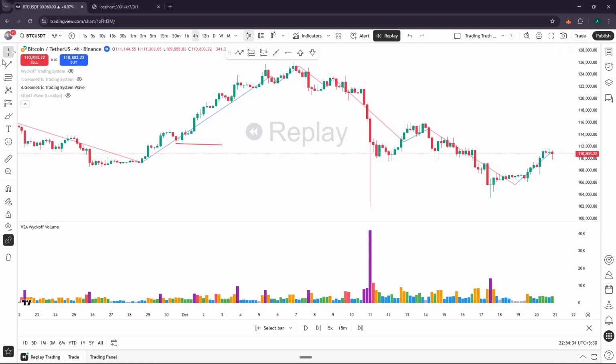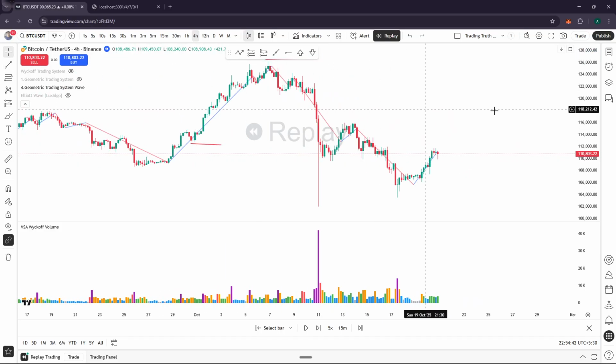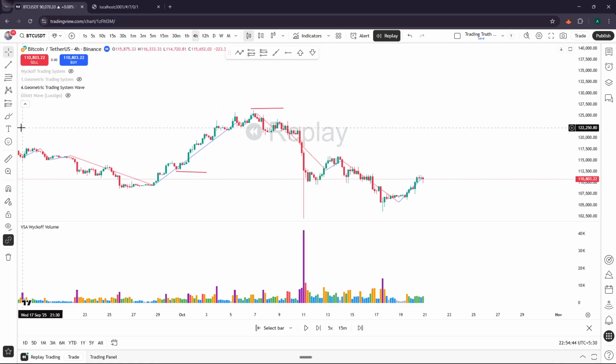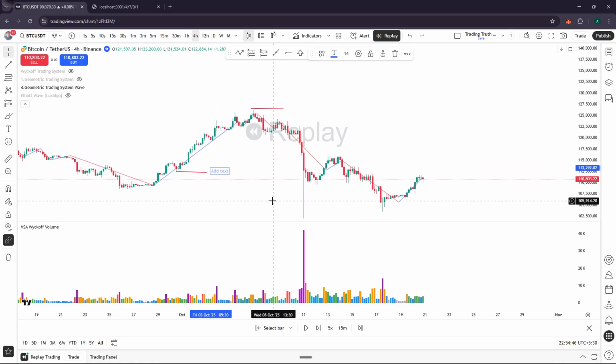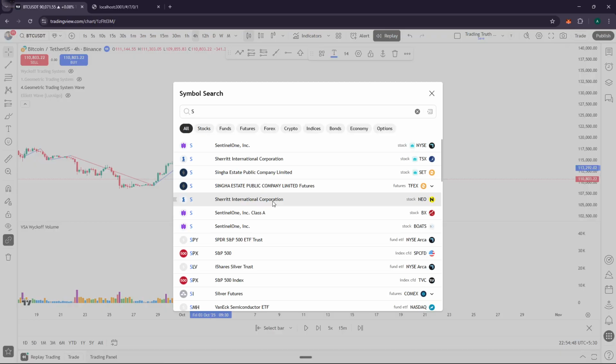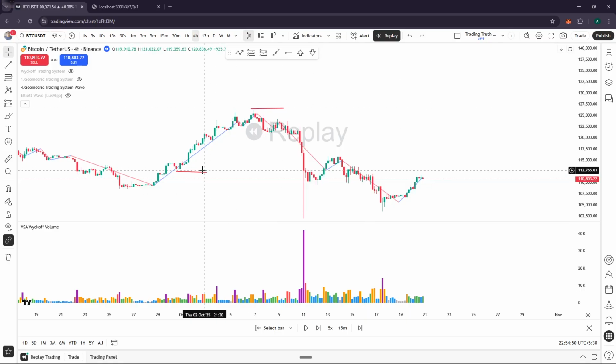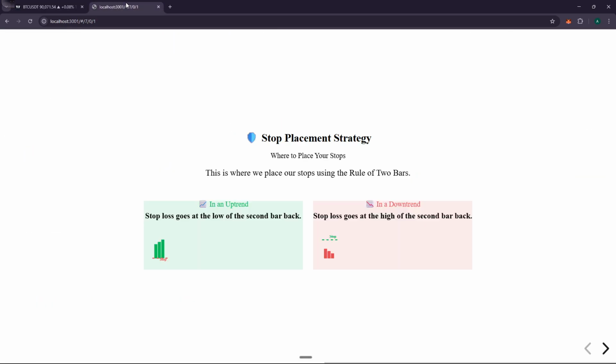If I'm entering a short trade here, I will put my stop loss at the high of the two bar or the swing highest point. So that's where my stop loss is going to be. I'll just select that as well, and I can copy it there.